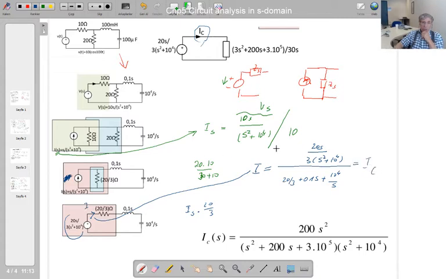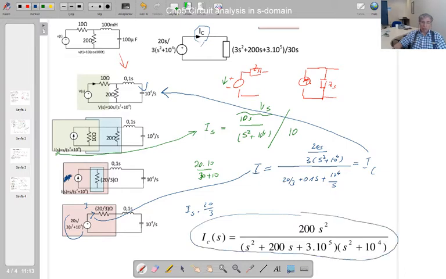That IC is also that IC. So that means by just one operation, after 2 or 3 source transformations, I found this, and this current is equal to my original circuit capacitor current as well.